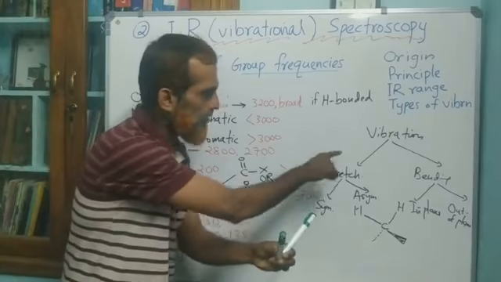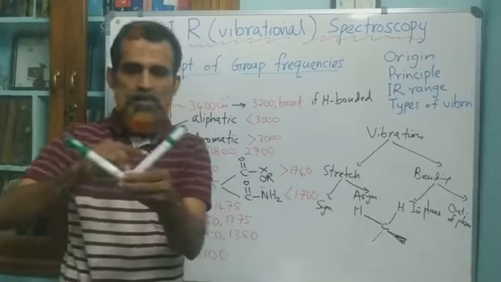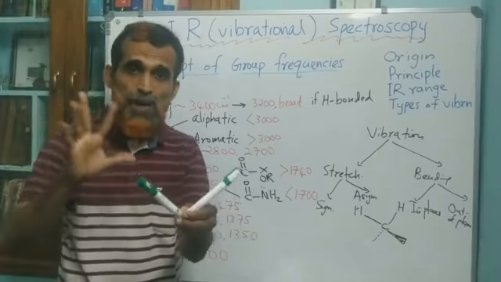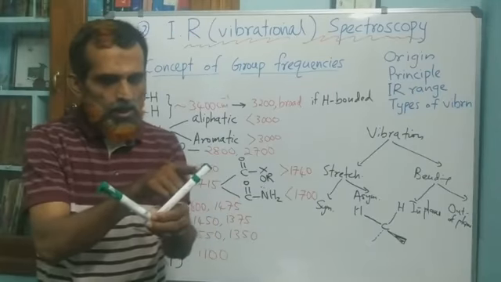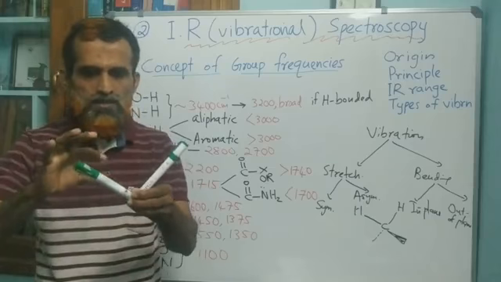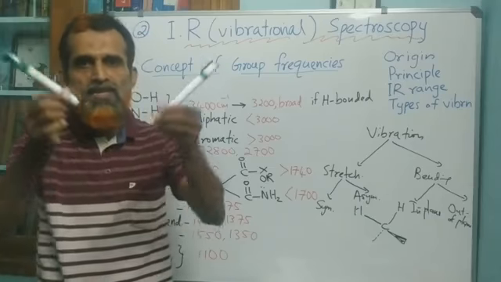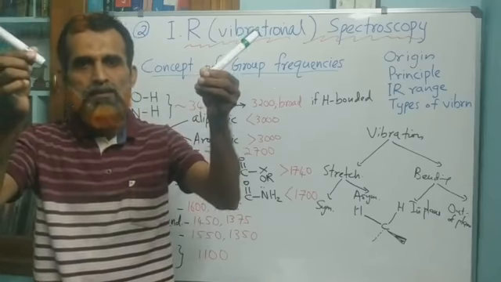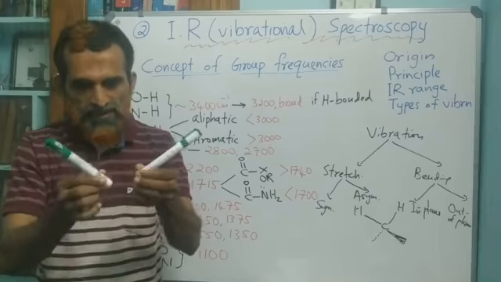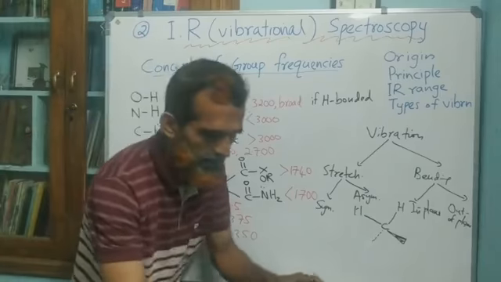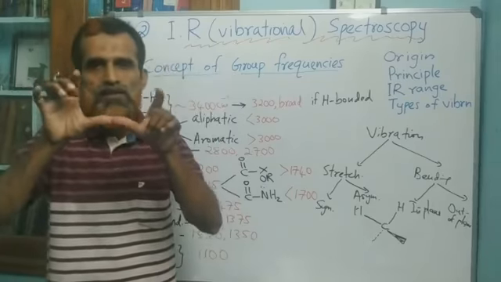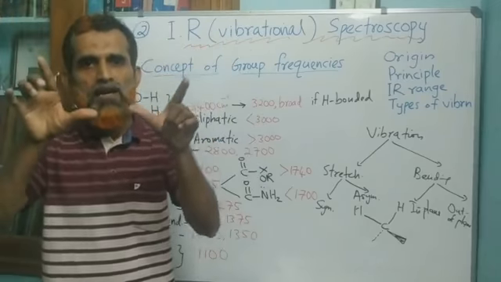What is stretching vibration? The bond length changes. It can happen in two ways. Either the two bonds can simultaneously elongate, increase the bond length, come to the mean position, and then decrease, contract like this. This is the bond length, increasing, coming back and decreasing.